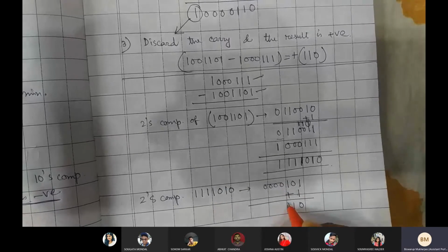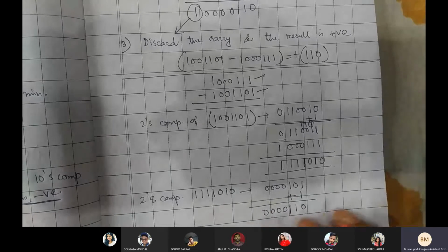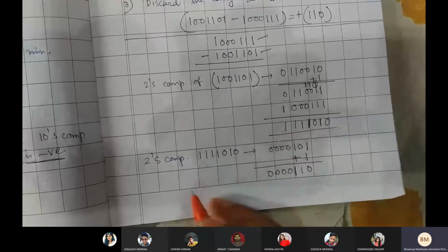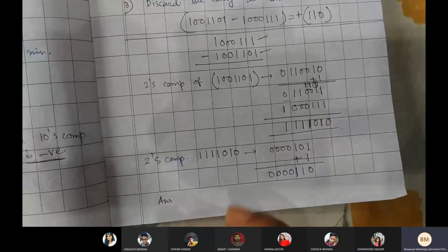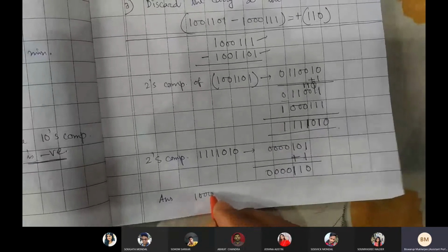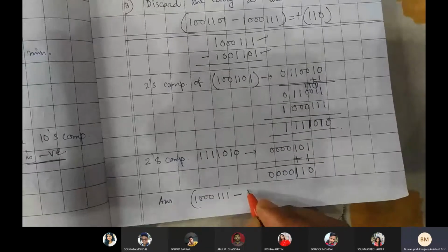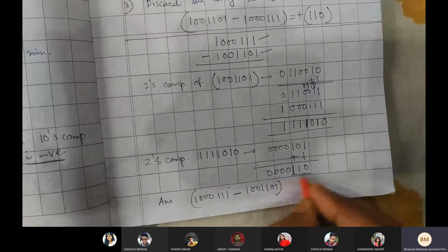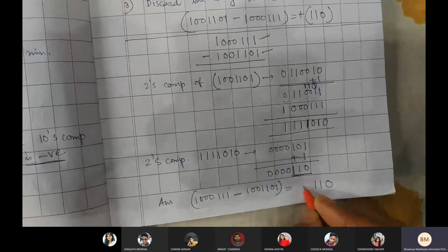This is 110. As there was no carry, the answer of 1000111 minus 1001101 is 110 with a negative sign.